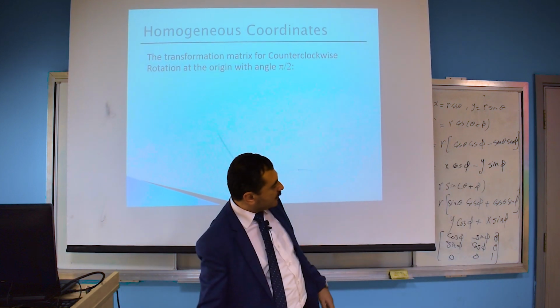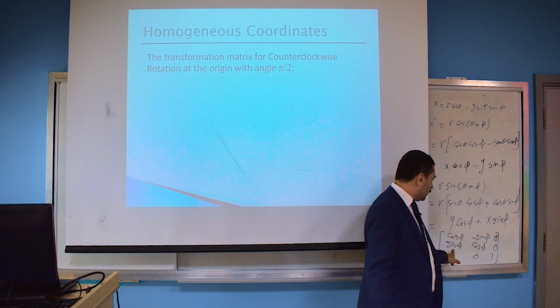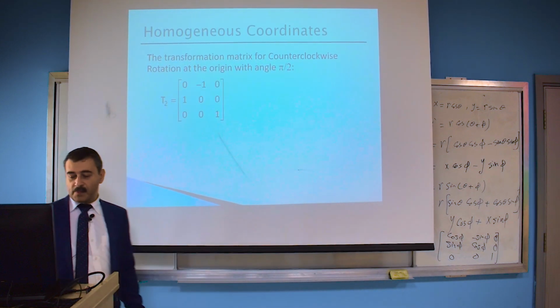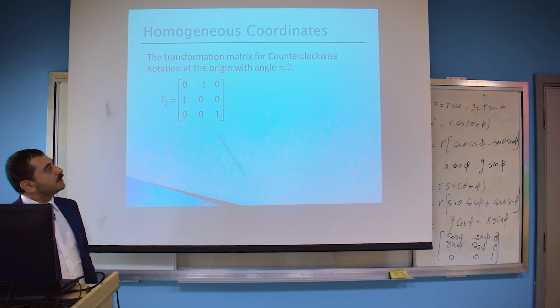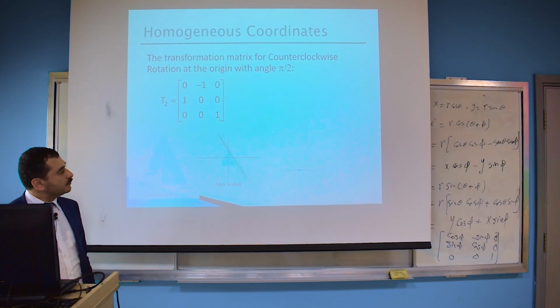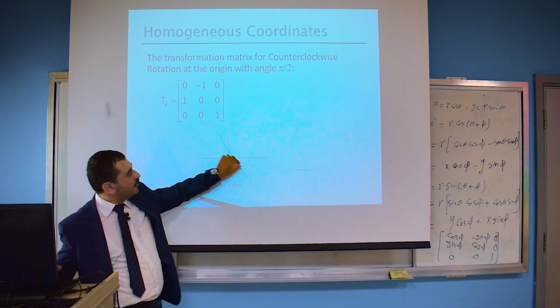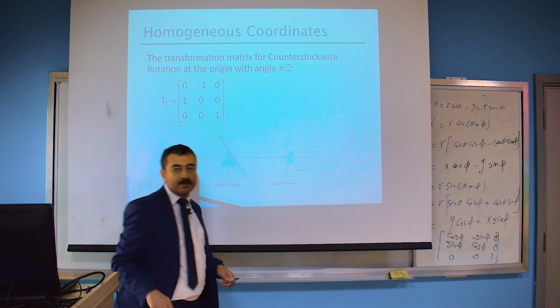So for phi equal 90 degrees, you will get here 0, negative 1, 1, 0. All right? So this is the second effect. So first you scale and then rotate your object by 90 degrees counterclockwise.